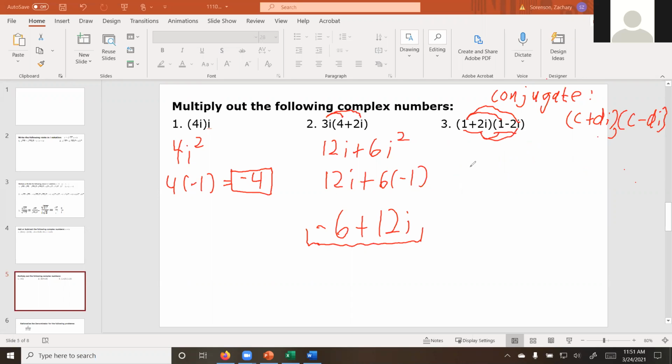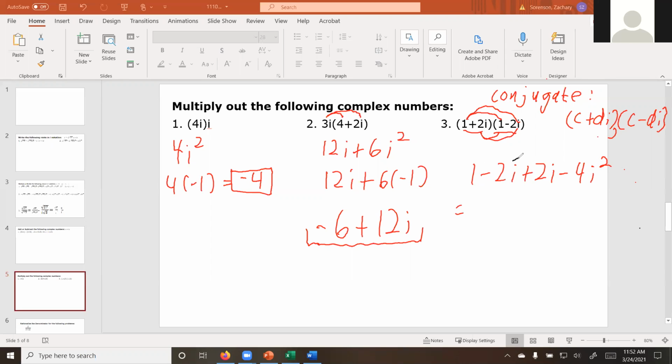And foiling, 1 times 1 is 1. 1 times -2i is -2i. 2i times 1 is positive 2i. 2i times -2i gets me -4i squared. Great, what do I do now? Just cancel out the two i's in the center. Sure, you can do that.